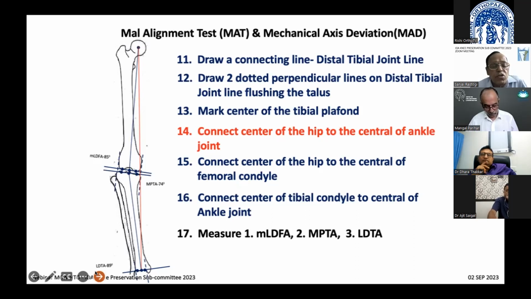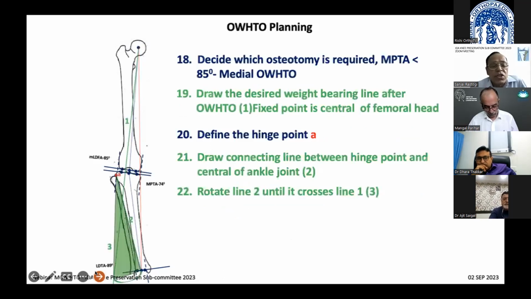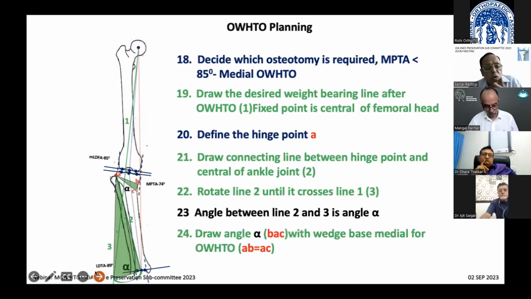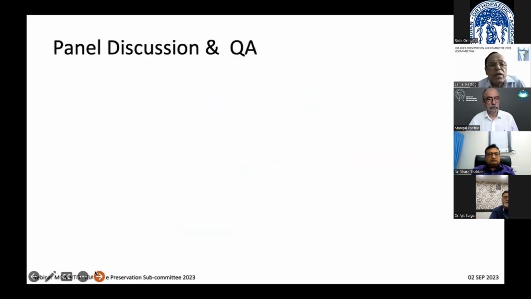And most of the time, because of tibia vara, the MPTA is less, which requires correcting by an open wedge high tibial osteotomy. And then we measure what is the angle of correction which is required, and we transfer this from the Fujisawa point onto the medial side to decide what is the wedge which is required to open.